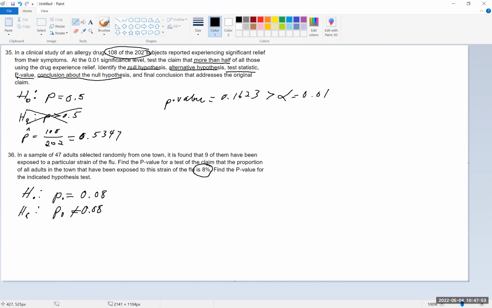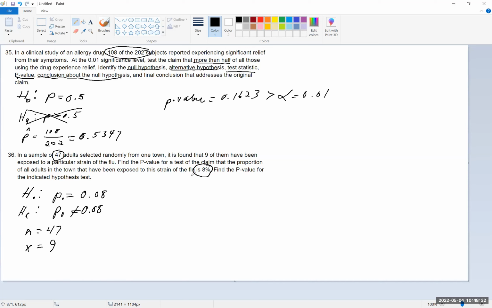And the n is 47, and x is 9. They don't give us a significance level, which should be fine because we're not required to put one in.